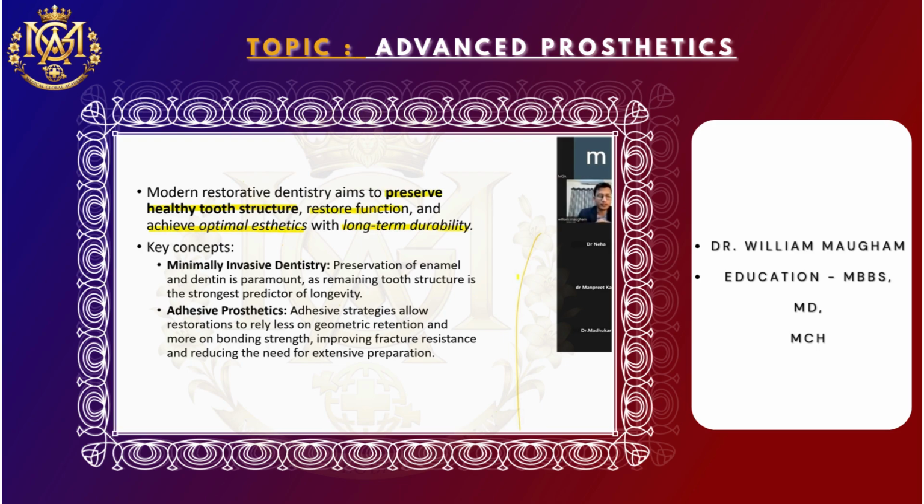Next is your adhesive prosthetics. These adhesive strategies allow restorations to rely less on geometric retention and more on bonding strength, improving fracture resistance and reducing the need for extensive preparation. When you are using a good adhesive, you don't need to overextend your preparation just to get mechanical retention.